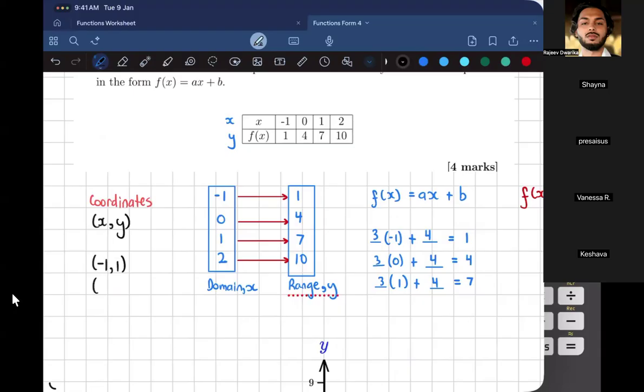What's the second coordinate? Okay, I'm not hearing you, but it's x comma y. So -1, 1 was the first one. So Keshava, what would the second coordinate be?